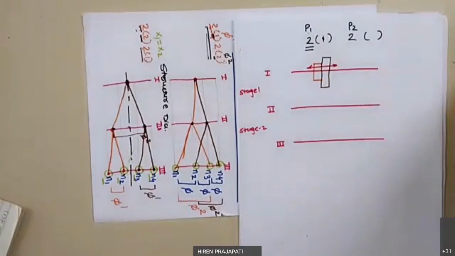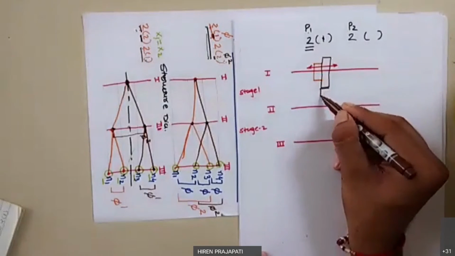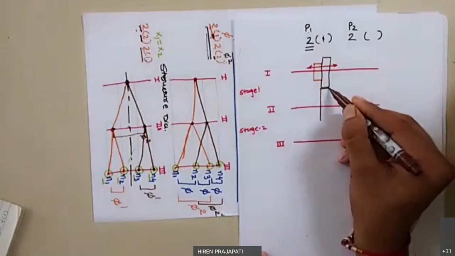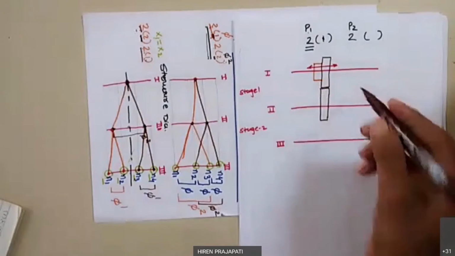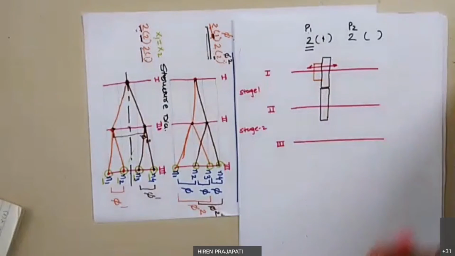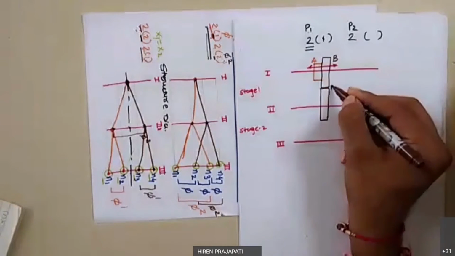Now I assume, opposite to this, it is made with one gear. Let me give names. This is A, this is B. So this will be B dash.